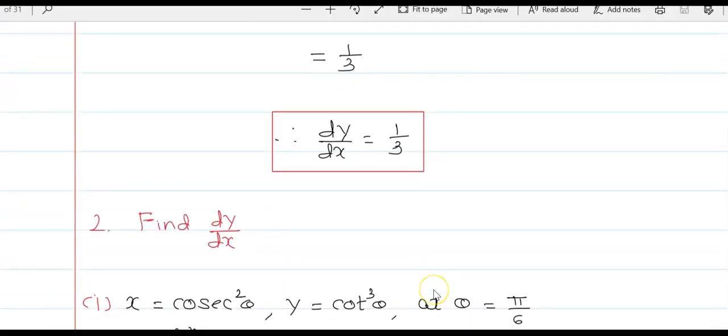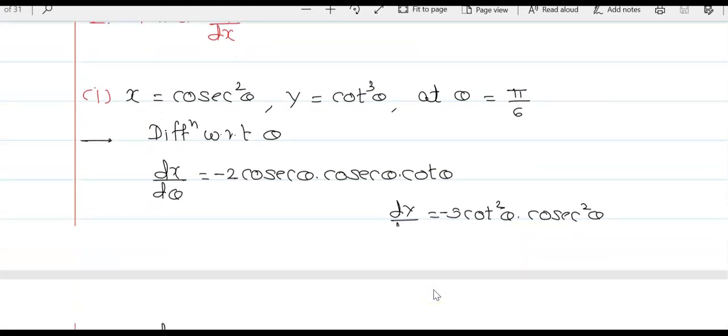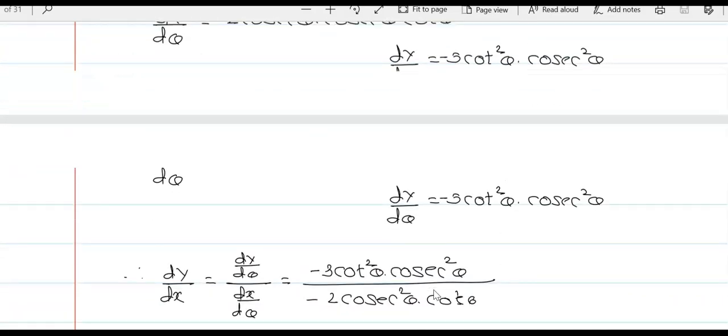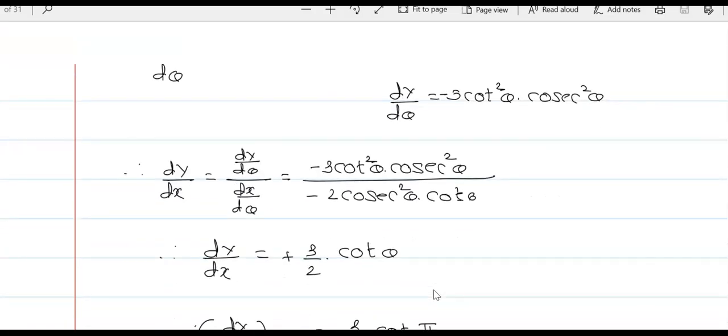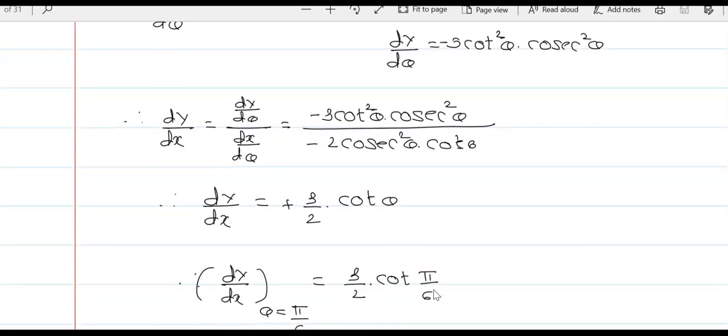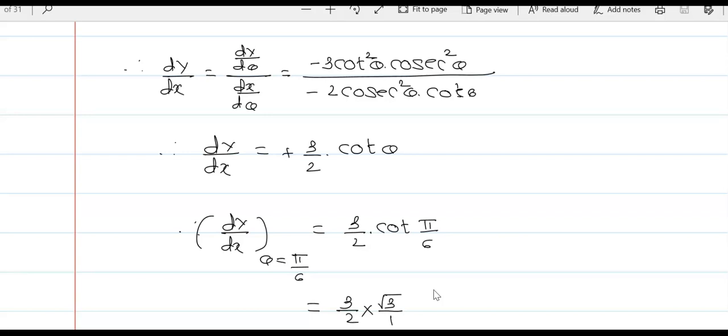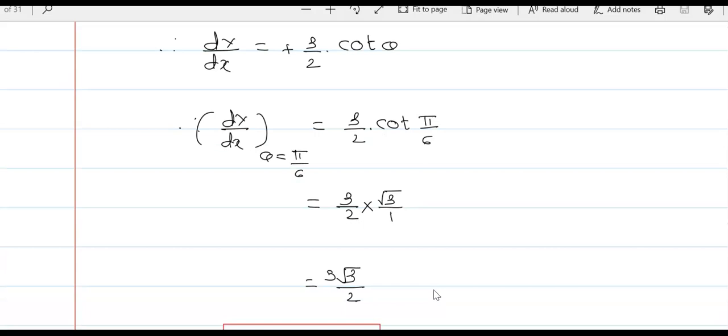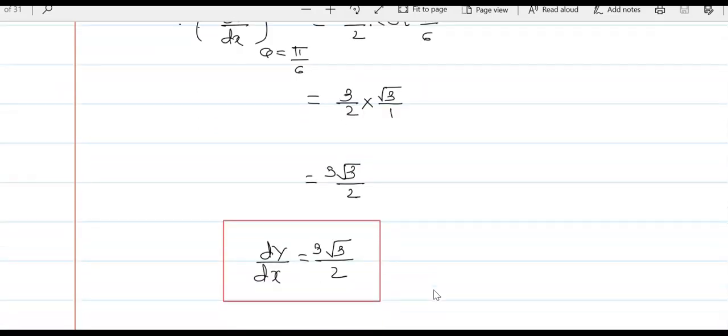You can write down from this board. I will scroll down this. Therefore dy by dx is equal to 3 root 3 upon 2.